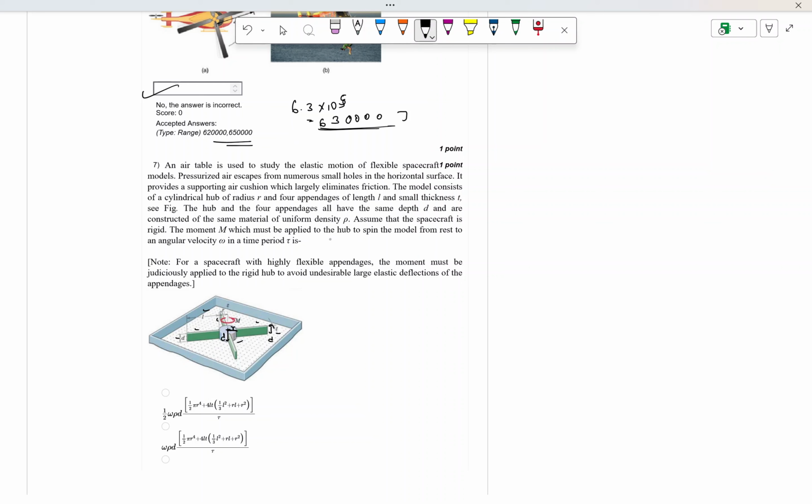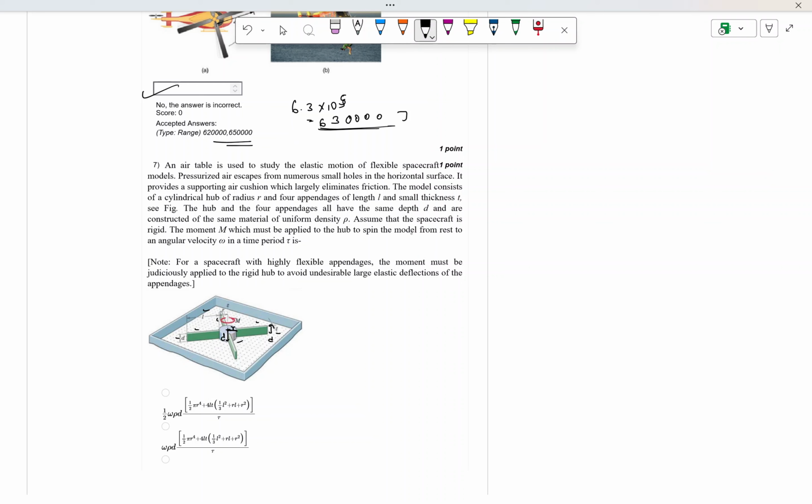And constructed of the same material of uniform mass density rho. This is the volume mass density. This is same for both the hub and the four appendages. Now assume that the spacecraft is rigid. The moment M, which must be applied to the hub to spin the model from rest to an angular velocity omega in a time period tau, is what?